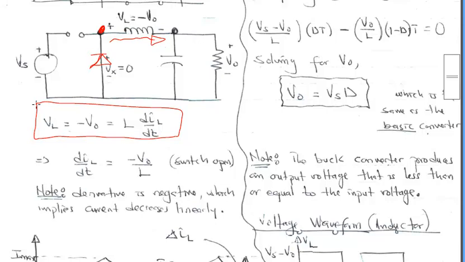We are going to follow the same procedure to find the change in the inductor current, di, for the period when the switch is open.